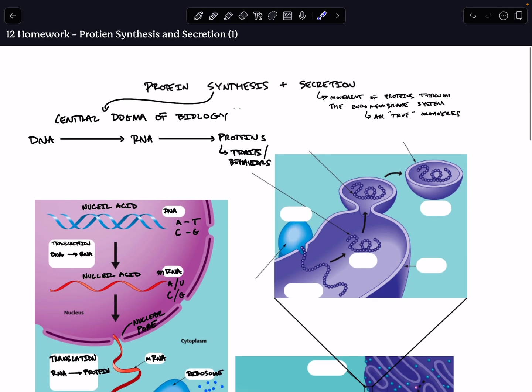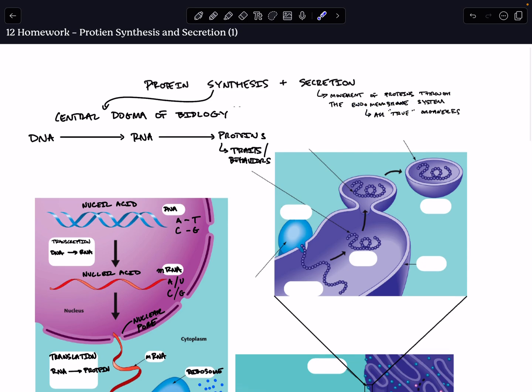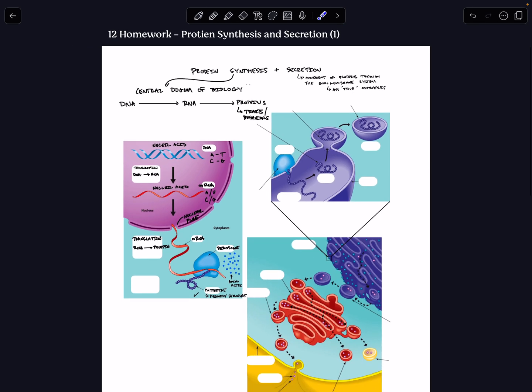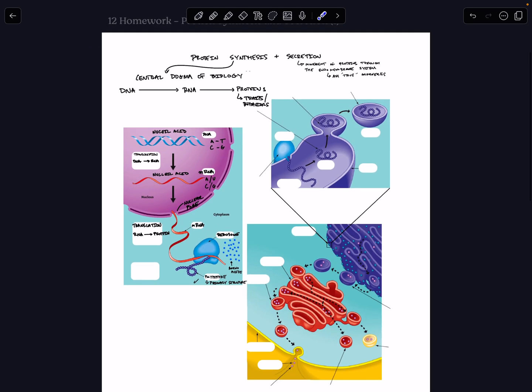So the endomembrane system includes the nucleus, the rough and smooth endoplasmic reticulum, the Golgi body, any vacuoles, any vesicles, and the plasma membrane, as well as the mitochondrion and the chloroplast. So any organelle made up of a phospholipid bilayer would be part of the endomembrane system.